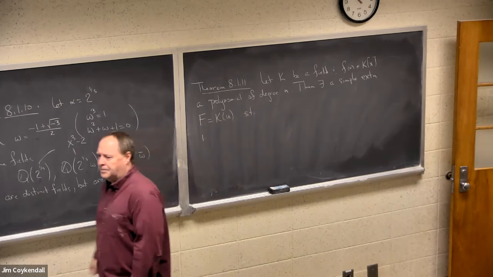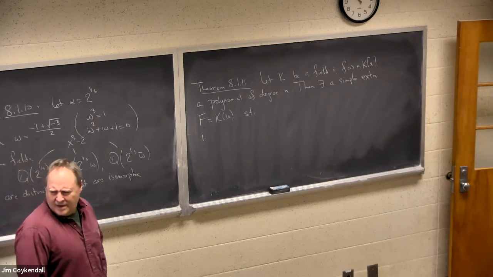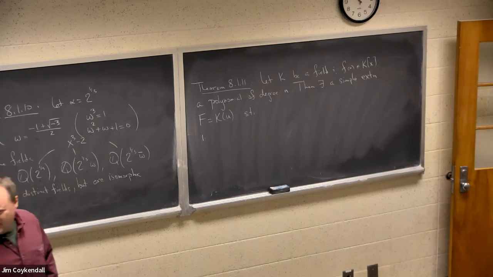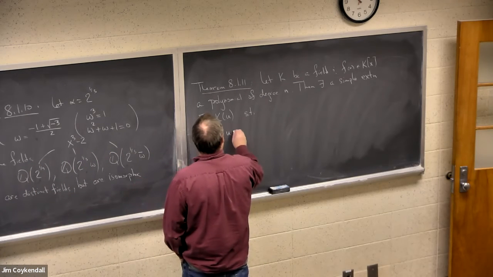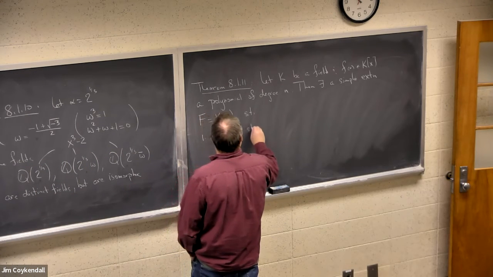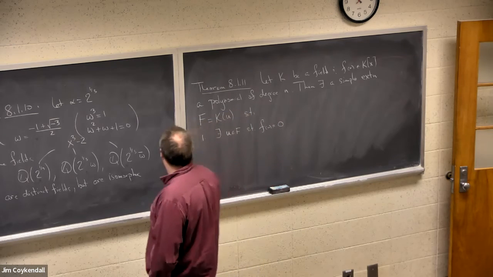Number one, there exists u in the extension such that f of u is equal to 0.